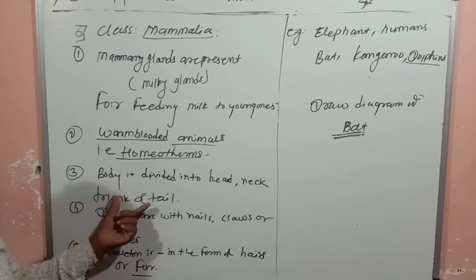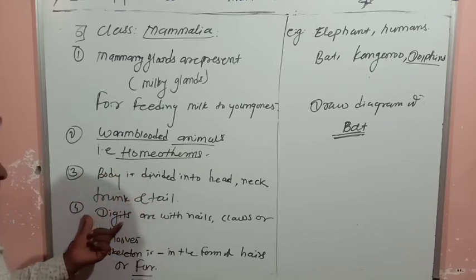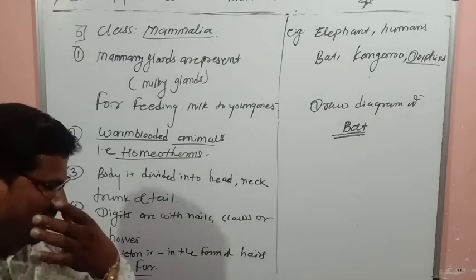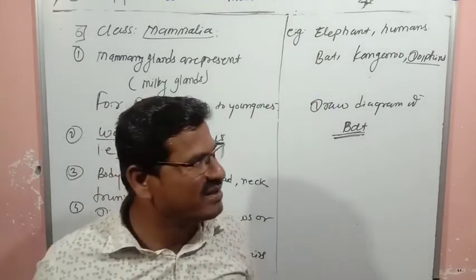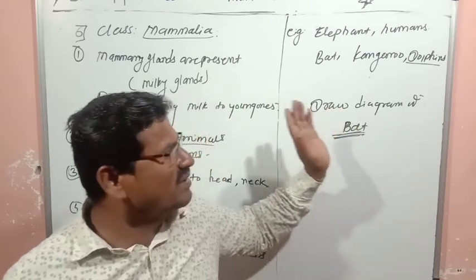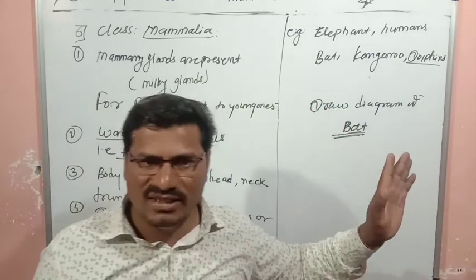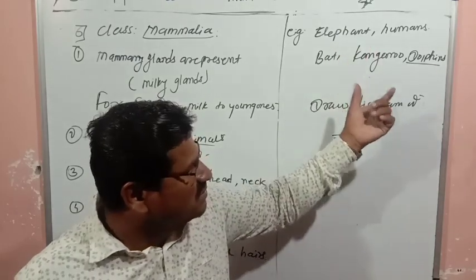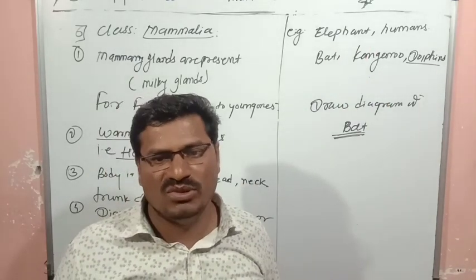Body is divided into head, neck, trunk and tail. Digits are with nails, claws or hooves. Exoskeleton is in the form of hairs or fur. Examples are elephant, humans, bat, dolphin, kangaroo. These are the examples of mammalians.